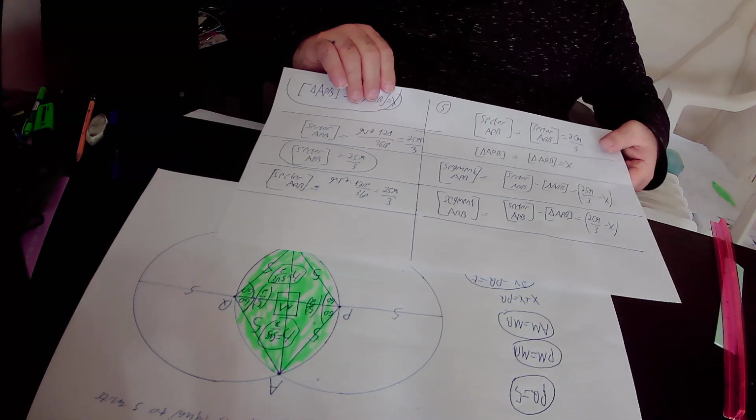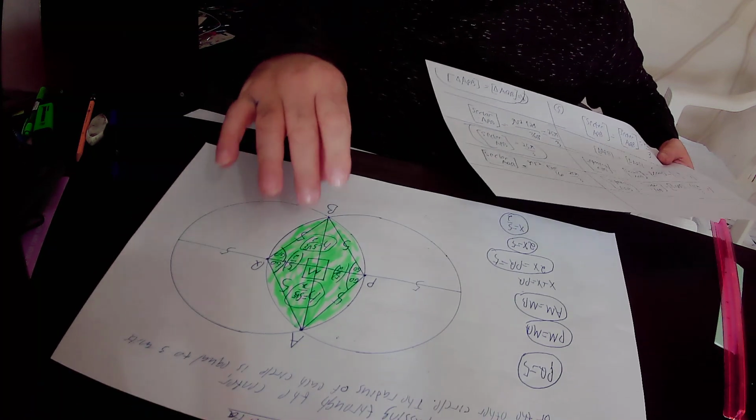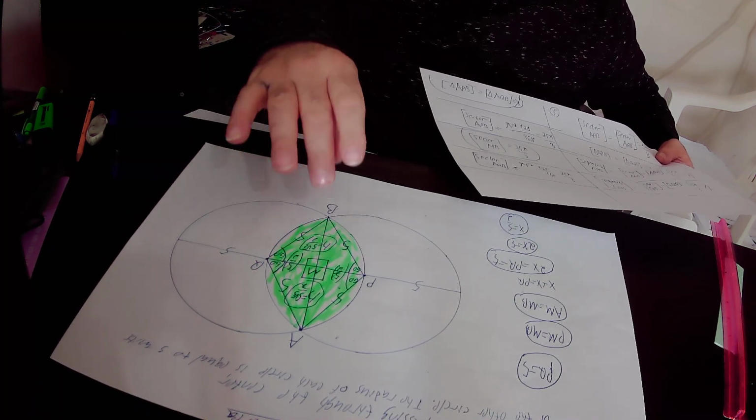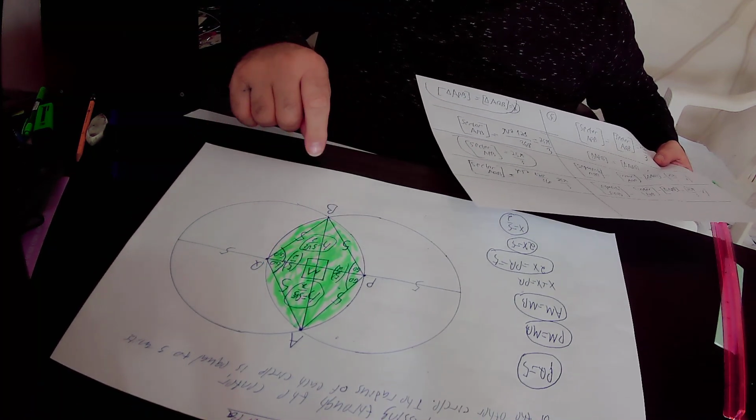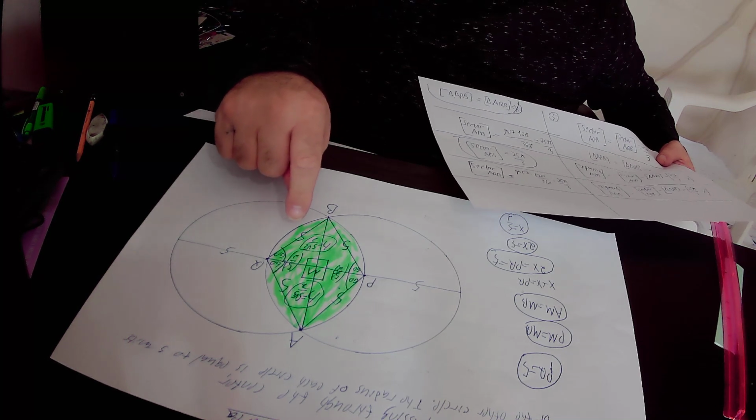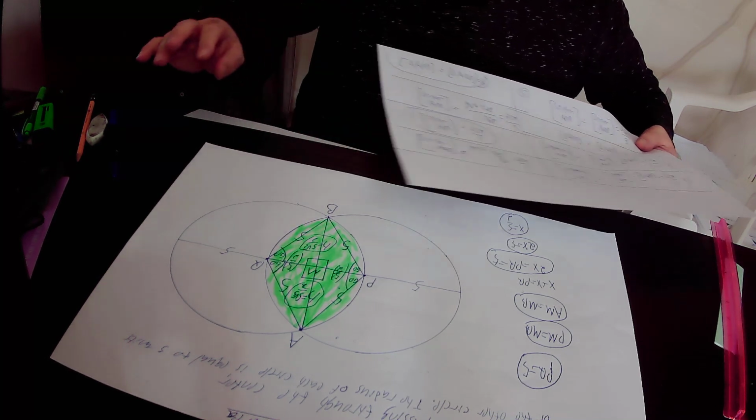Then what is the area of sector AQB? The area of sector AQB equals pi r squared times 120 degrees over 360 degrees.